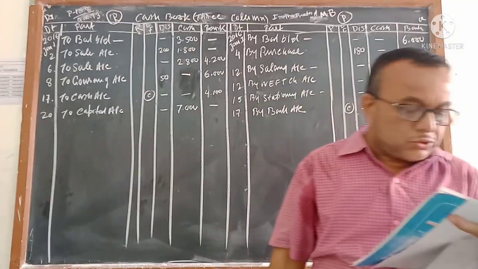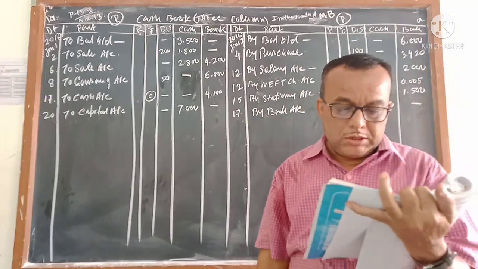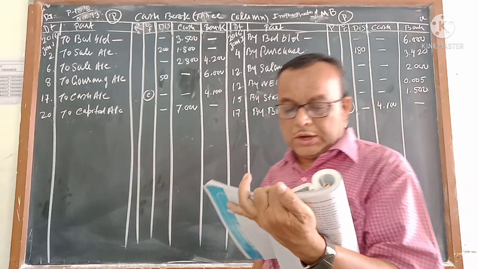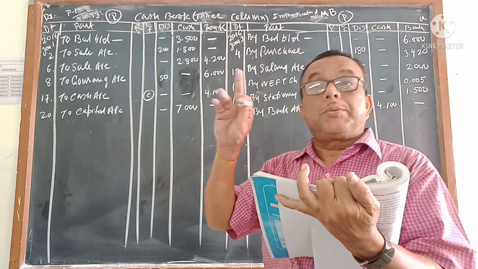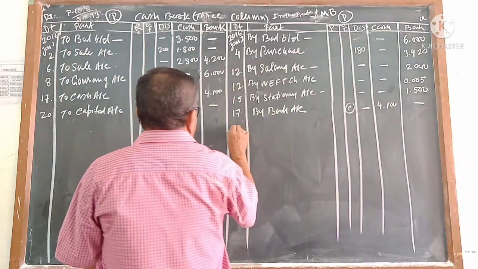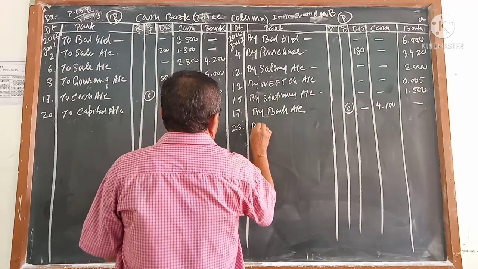23. 6,000 withdrawn from the bank for payment of the school fees of his daughter. The money has been withdrawn from the business for personal use, which comes under drawings. So this is called the drawings account.